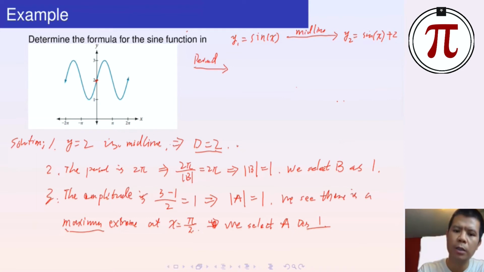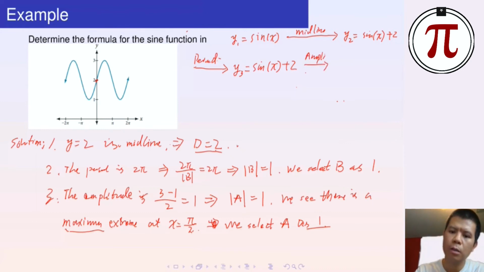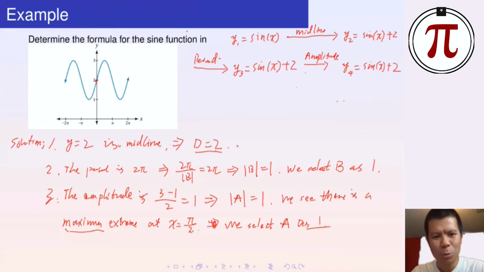The period equals 2 pi, so it doesn't make any difference. So y3 is plus 2. Now we see if we need to do anything about the amplitude. Again, nothing to do. So y4 equals sine x plus 2.